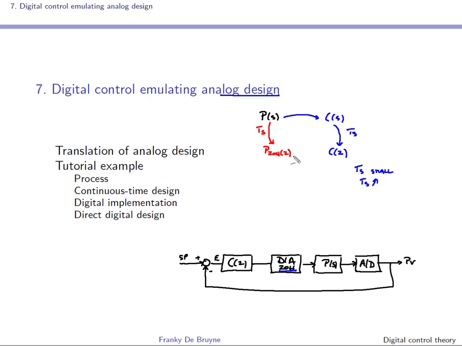And then if we do a design based on this description, we will obtain a C of Z over here, well, that you can implement on the actual system like here, but you will see here that the performance specifications will be as expected even when TS, the sampling period, is growing, and this is simply because we have taken into account the zero order hold mechanism.